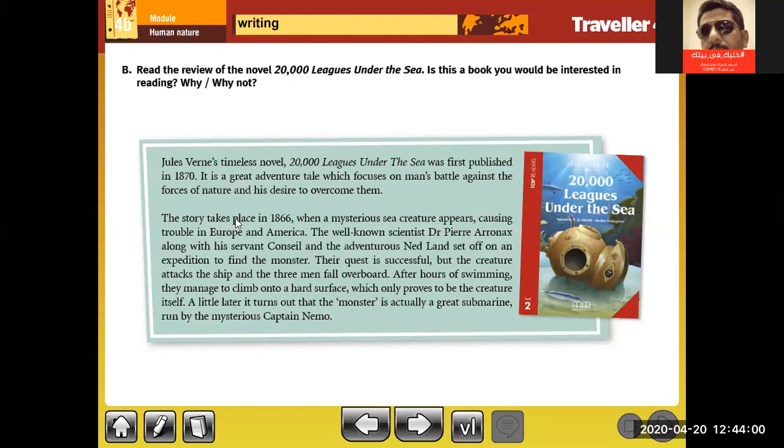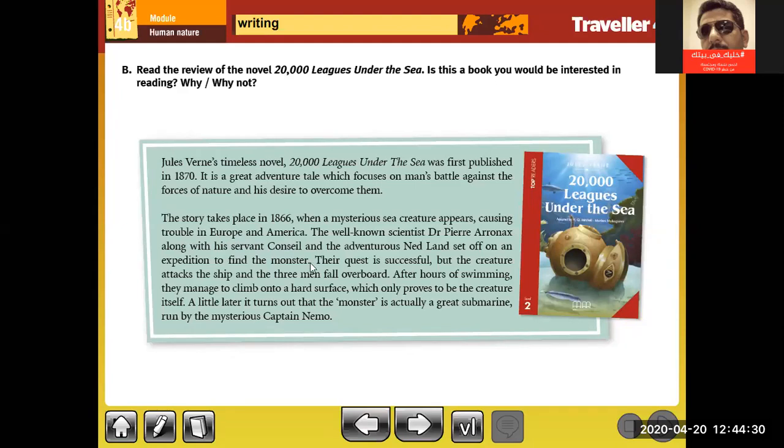The story takes place in 1866. So when did the story happen, or when did the story take place? In 1866, when a mysterious sea creature, mysterious means very strange, appears, causing problems in Europe and America.